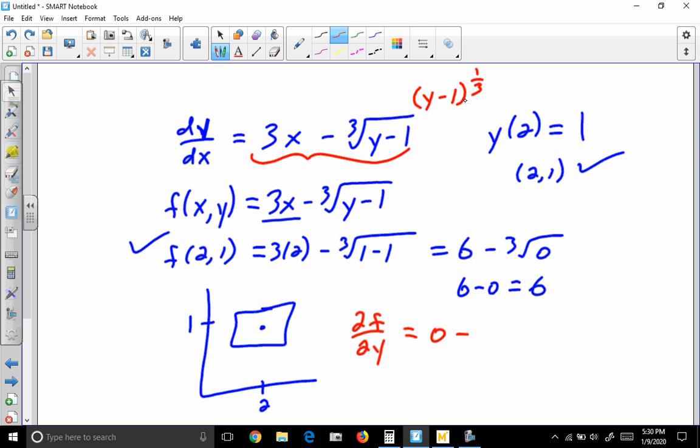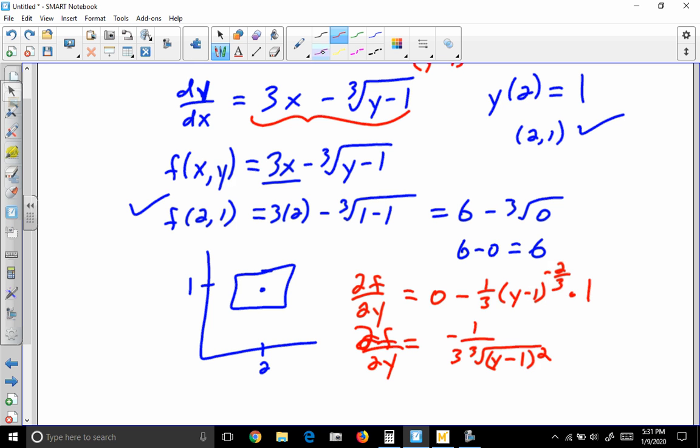If we take the derivative of that, the chain rule says bring down the 1/3, raise it to 1 less power, times the derivative of the inside. We're taking the derivative with respect to y, so that's 1. So we end up with negative 1 over 3 times the cube root of y minus 1, and all of that squared, or we could put the square on the inside. So that's our partial with respect to y.